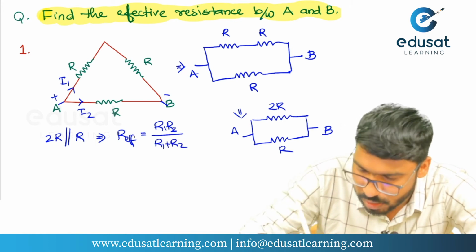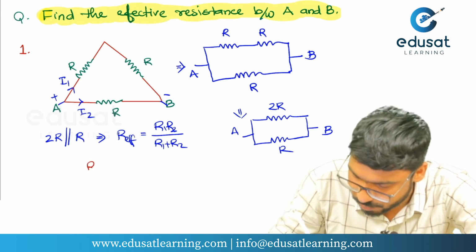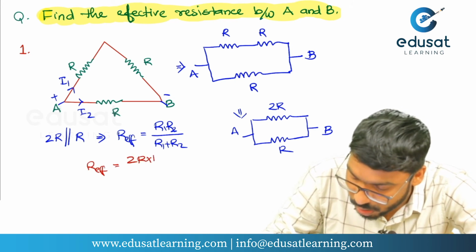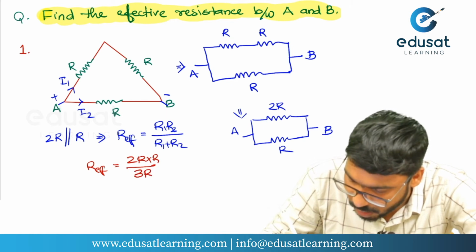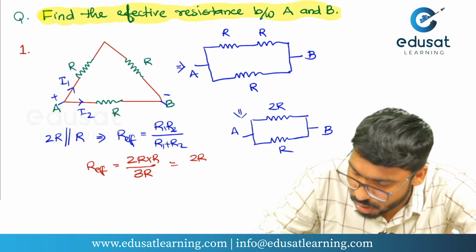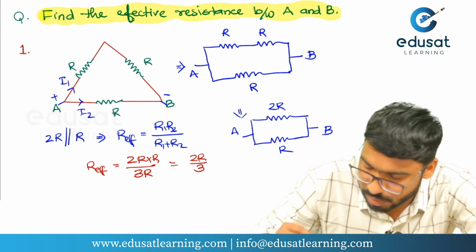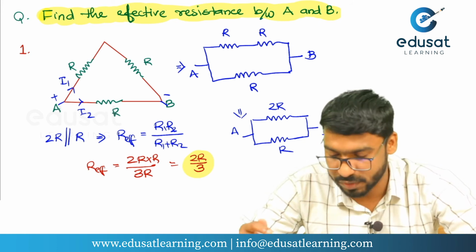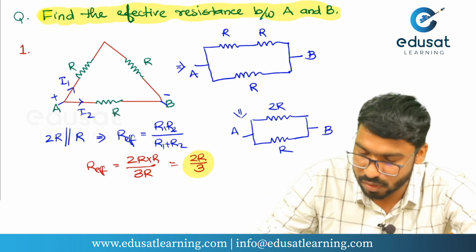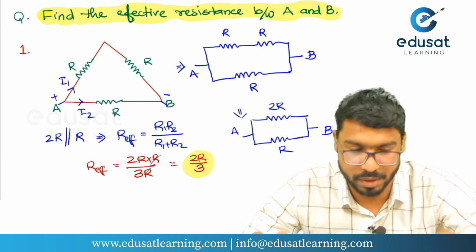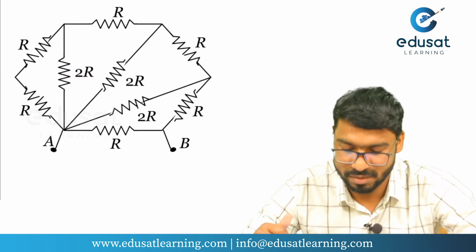So R effective equals 2R into R divided by R plus 2R, which is 3R. Then we get 2R by 3 as the effective resistance, because R will be cancelled. 2R by 3.